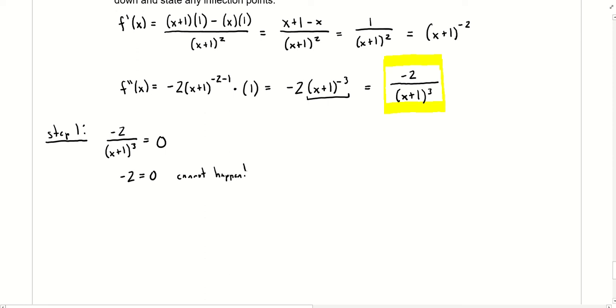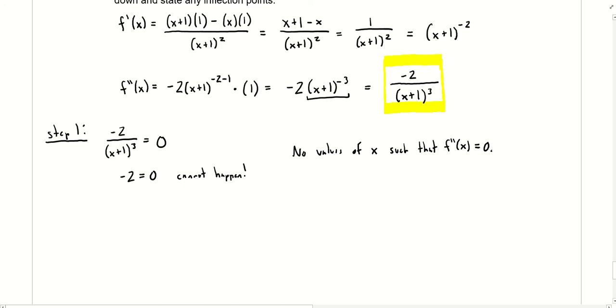So this is something we haven't run into yet, at least recently, is a case where I cannot make the function or the derivative or the second derivative equal to 0. So here I'm basically saying there are no values of x such that the second derivative equals 0. And that's fine.